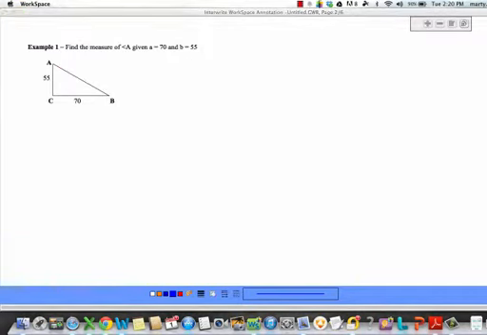A couple of examples. Find the measure of angle A, given that side a is 70 and side b is 55. The first thing we need to do is figure out, I'm looking for this angle up here. 70 is the opposite and 55 is the adjacent. So I can write the tangent of A equals 70 over 55.